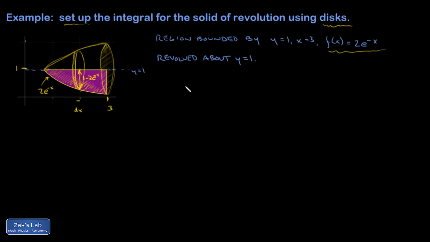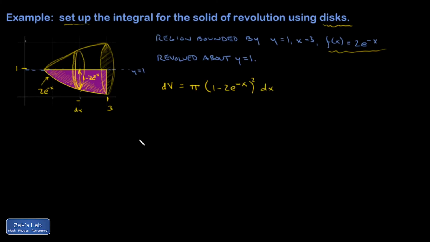So then I can write down a differential contribution to the total volume. dV is the volume of that little flat disk. So I have the area of the circle that's on each side of it. That's pi times the radius squared. And then the thickness, dx.